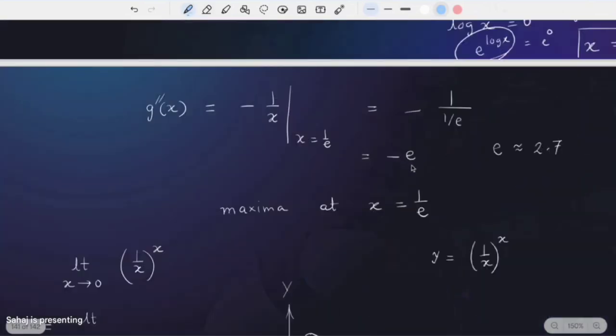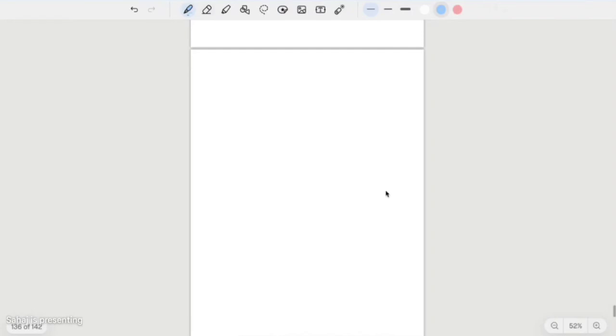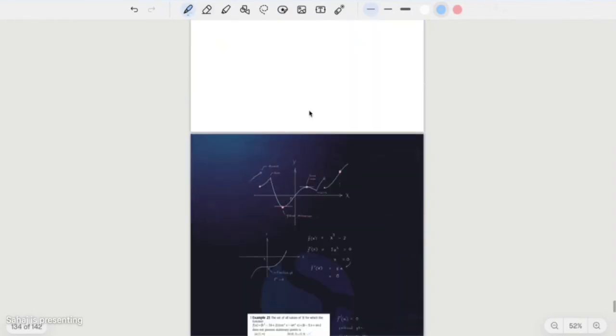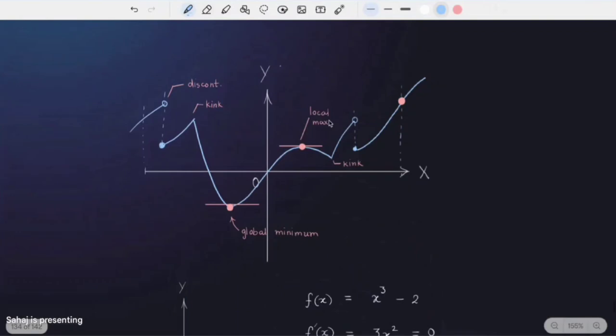Remember, last time we saw there could be points on a function where the derivative does not exist. These are kinks. You've got a kink here, and at this point the test will not work.